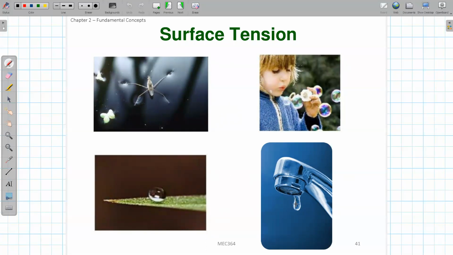And if you have very small water droplets coming out of a faucet, at the edge of the faucet you see the droplet stick to the faucet without dropping down, against gravity to some extent. Why can this happen? This is because of surface tension at the edge of the surface.